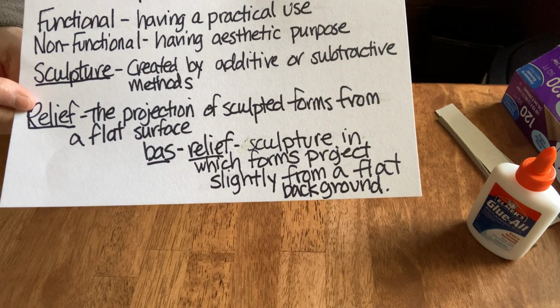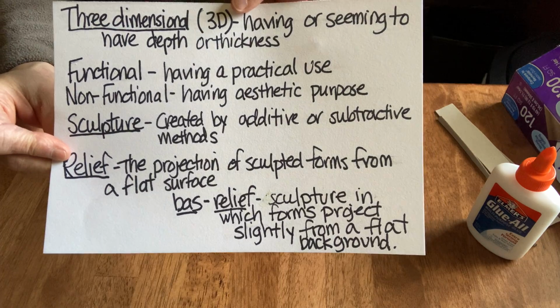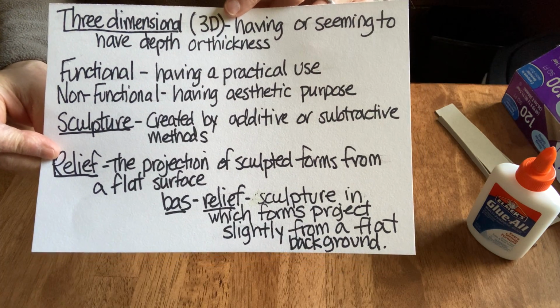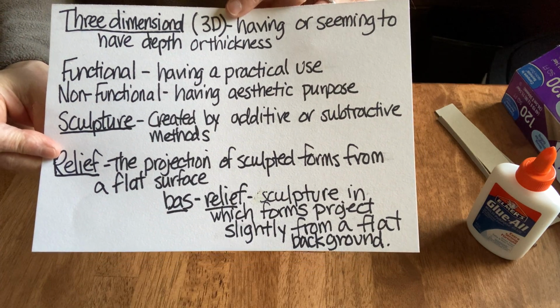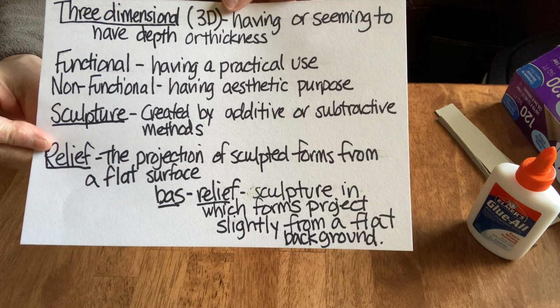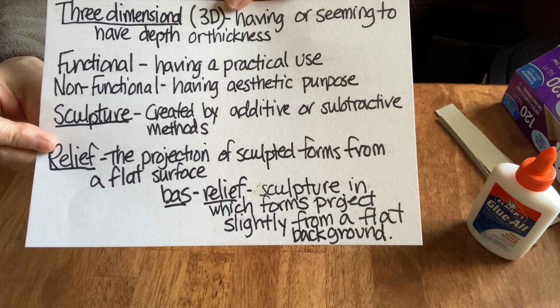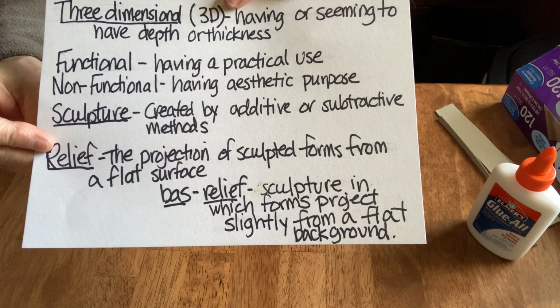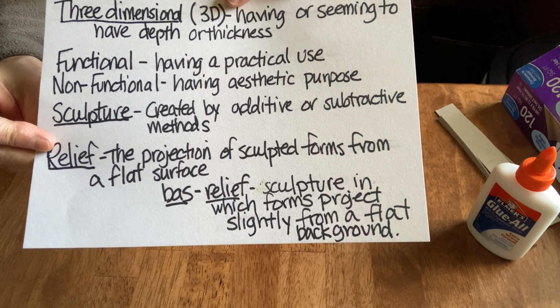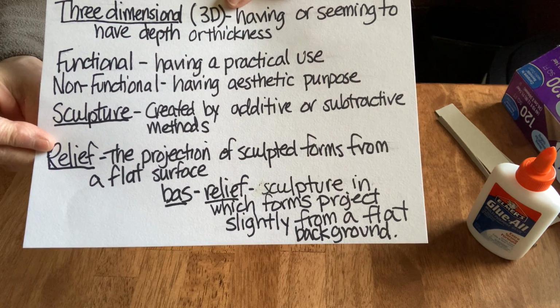But relief is really important in three-dimensional art because it's the beginning of that projection out from a surface. A relief sculpture is the projection of sculpted forms from a flat surface.